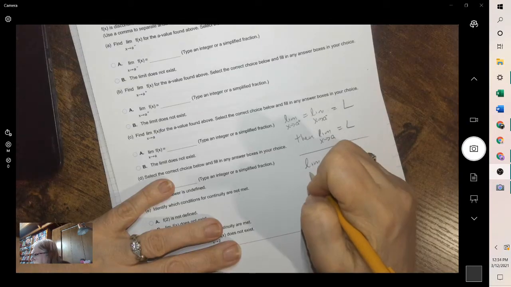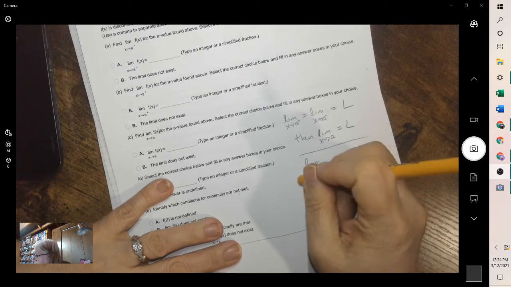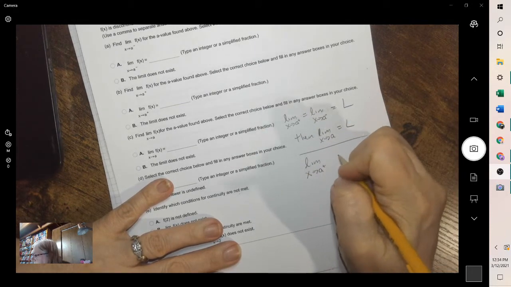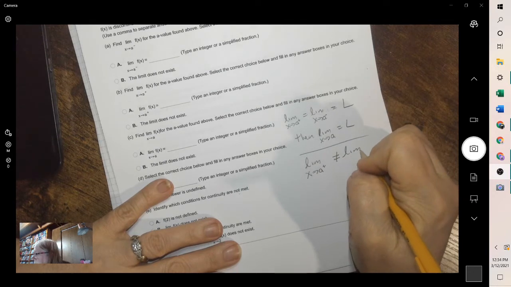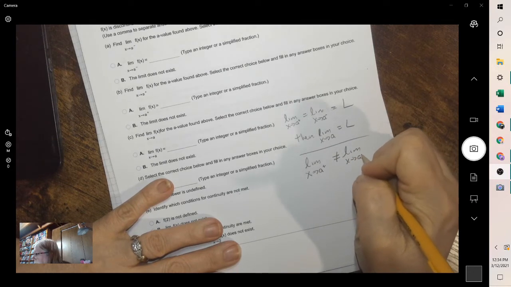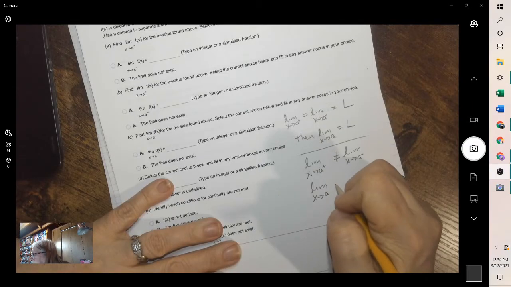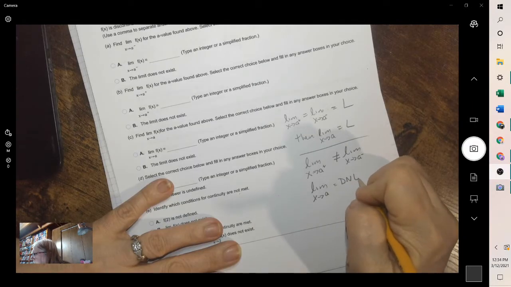If the limit as x approaches a from the right does not equal the limit as x approaches a from the left, then the limit as x approaches a does not exist.